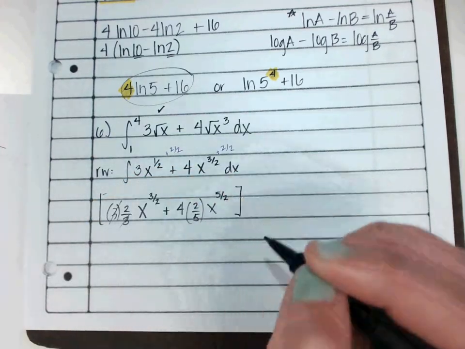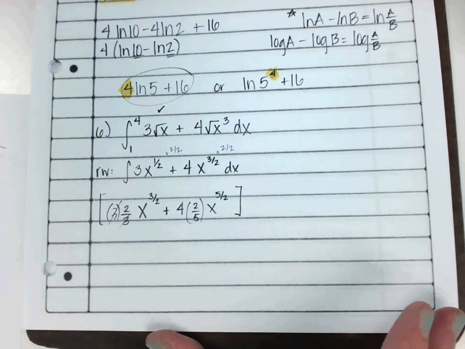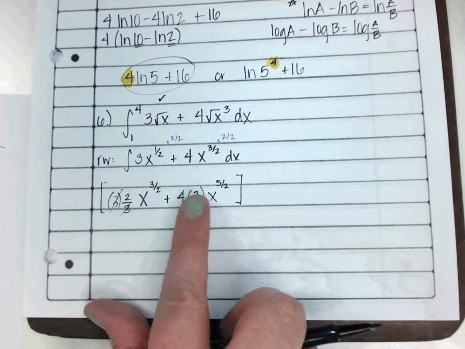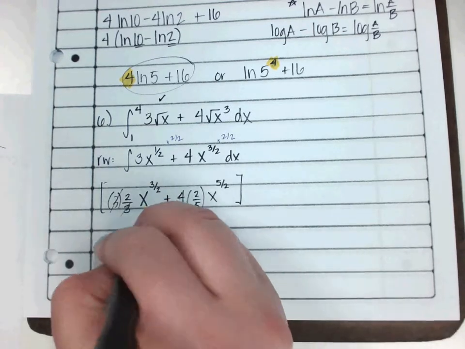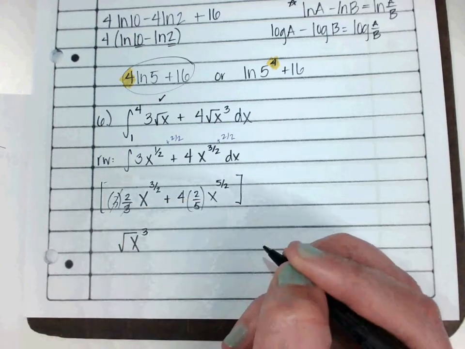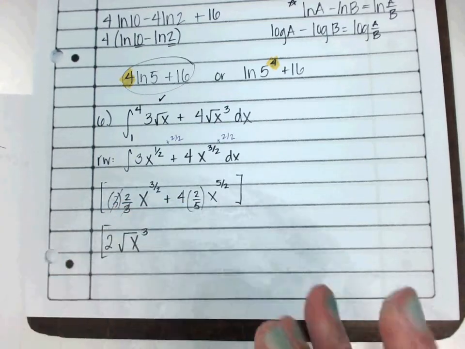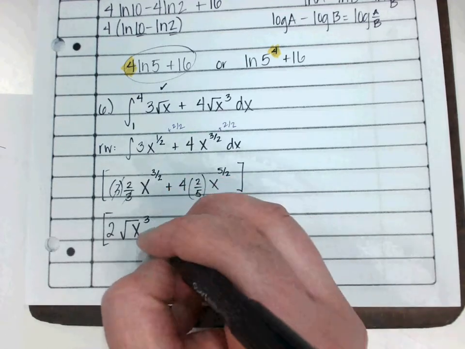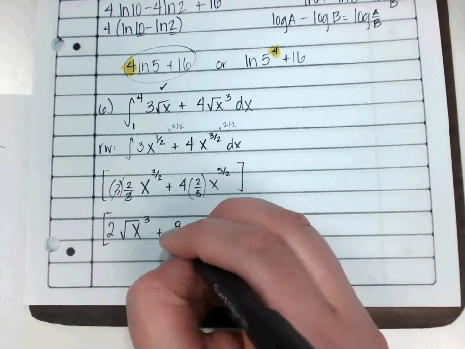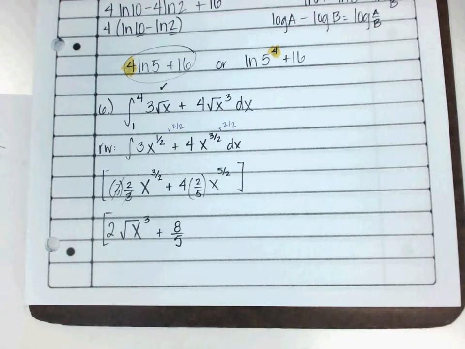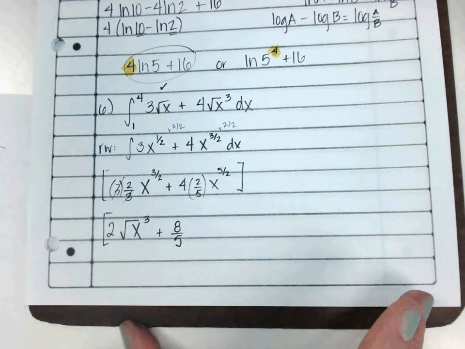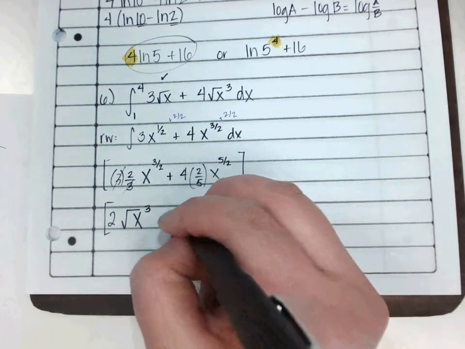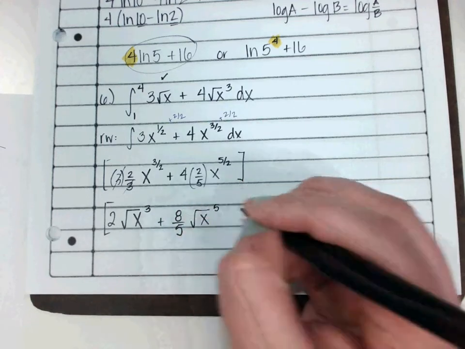I am going to rewrite this one more time before I start plugging in. My x to the 3/2, I'll write as an x cubed and square rooted with a 2 in the front. And then for this guy, I'm going to do what Zhang said, that's the same as 8/5, because the 4 times 2 gives you 8, and then the 5 stays on the bottom. Then for your x, it's a square root and then an x to the 5.